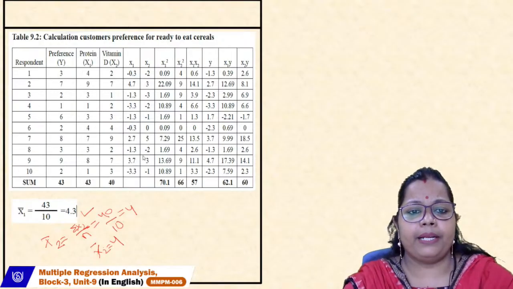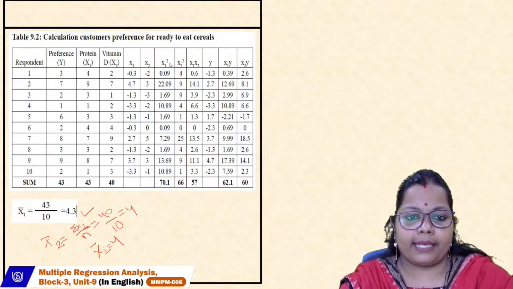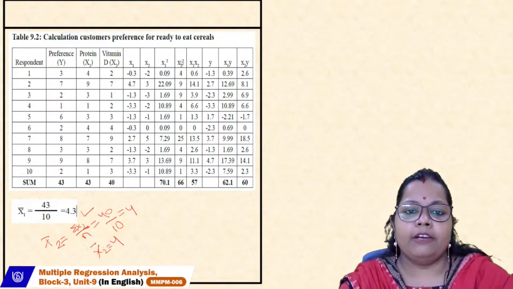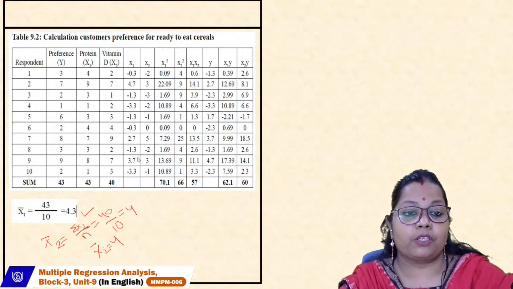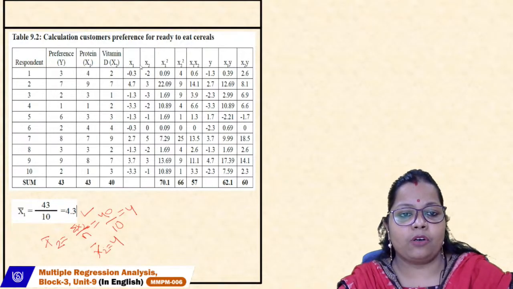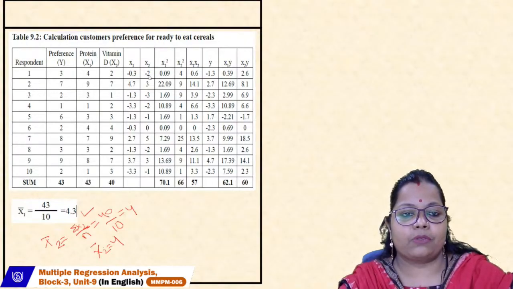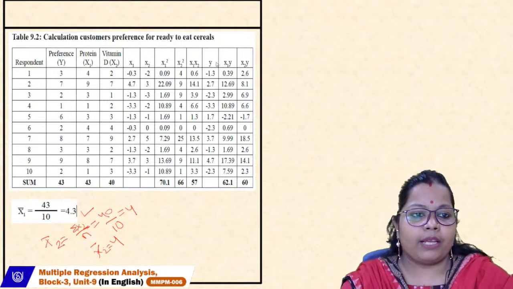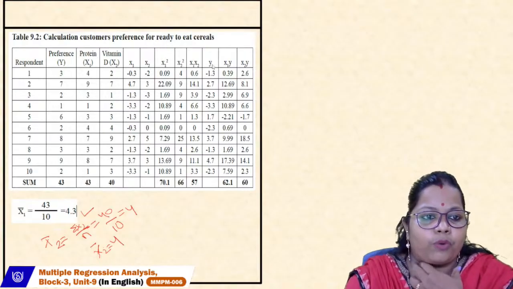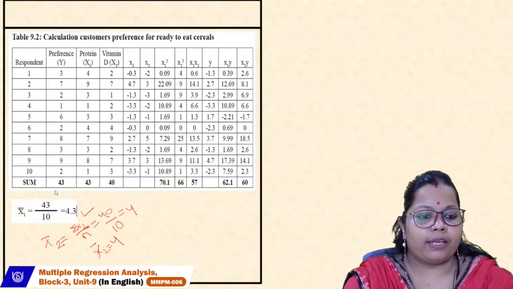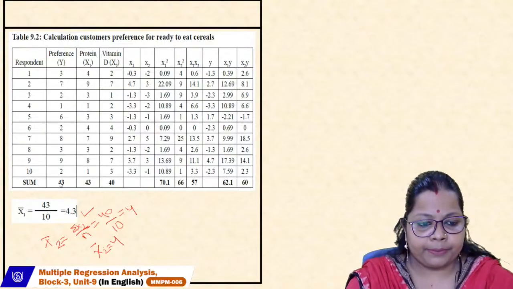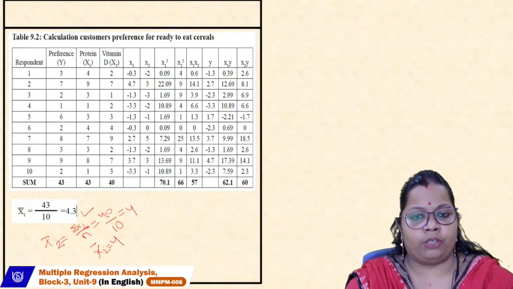Then as per the requirement of the formula, I calculated small x1 squared by taking the square of each individual value of small x1. Similarly for x2 squared, I took the square of each individual value of small x2, and I also calculated x1 times x2 by multiplying the respective x1 and x2 values. Then for the y variable, I cited small y after taking the average of y, that is 43 divided by 10 equal to 4.3.